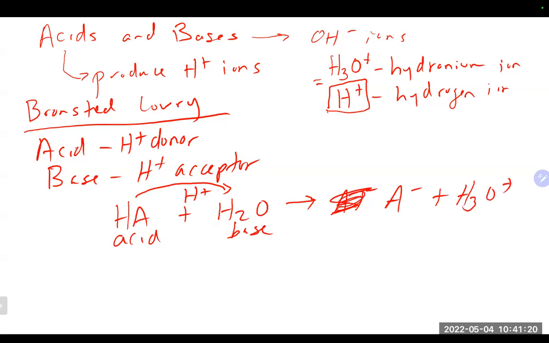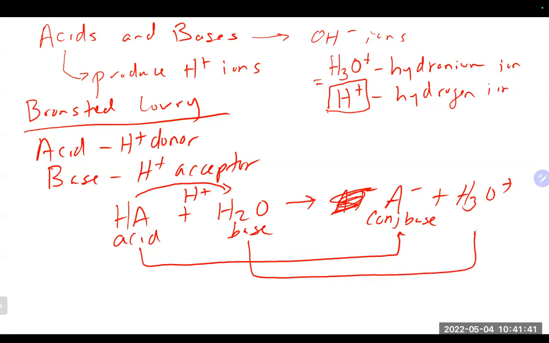And what it creates is conjugate acid-base pairs. The guy related to the acid would be known as the conjugate base, while the base, which is our water here, would be related to the guy on the other side, which is known as the conjugate acid.